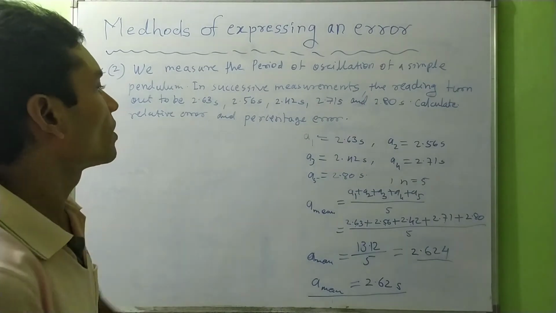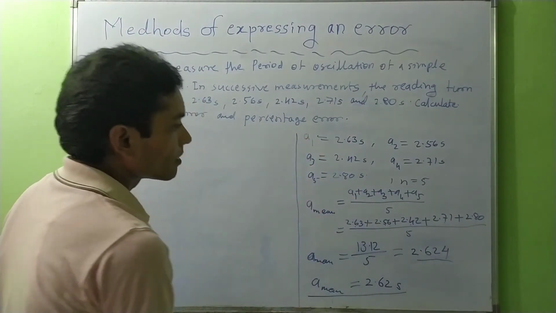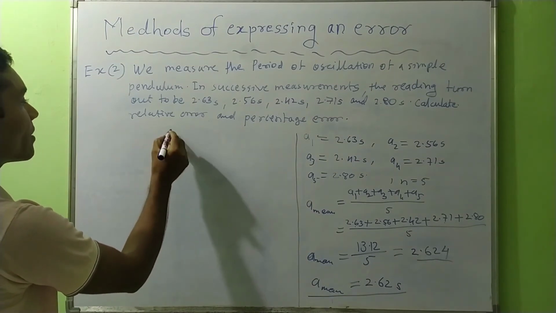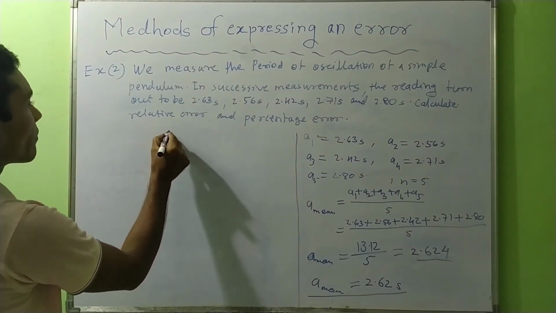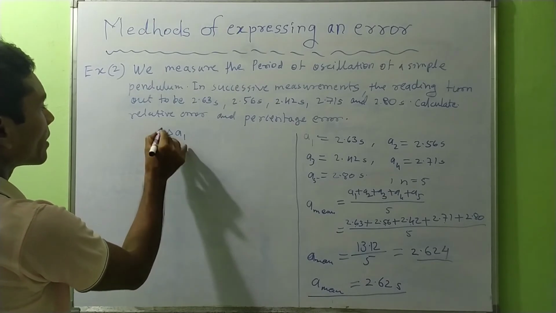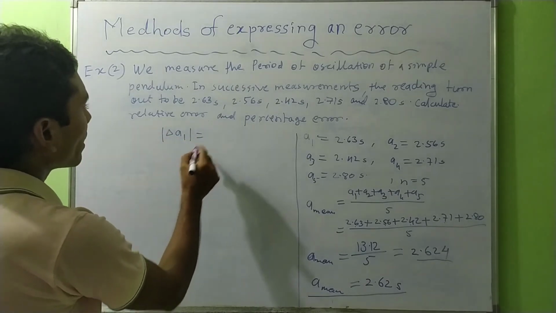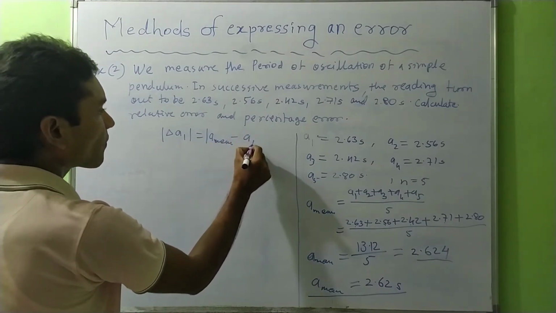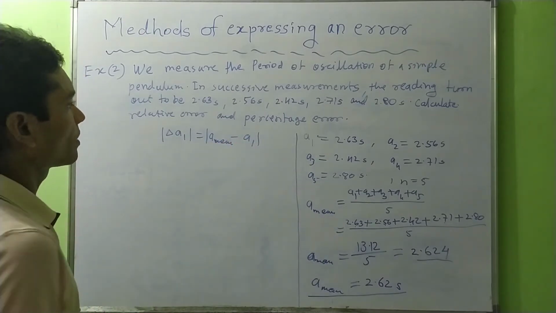Okay, we found that. Now we will find the relative error. From the formula of relative error, first absolute error will be del A1. It will be equal to A mean minus first observation.